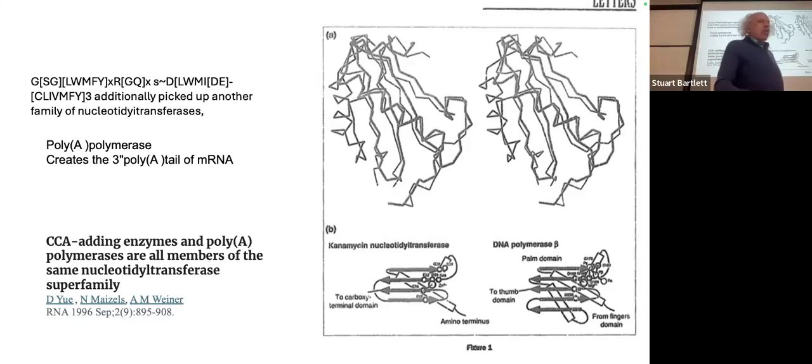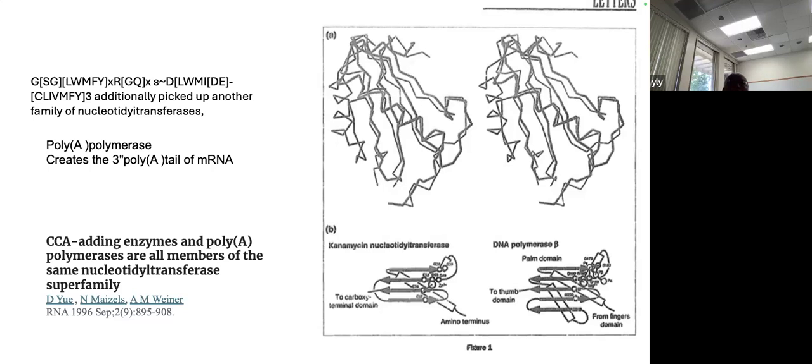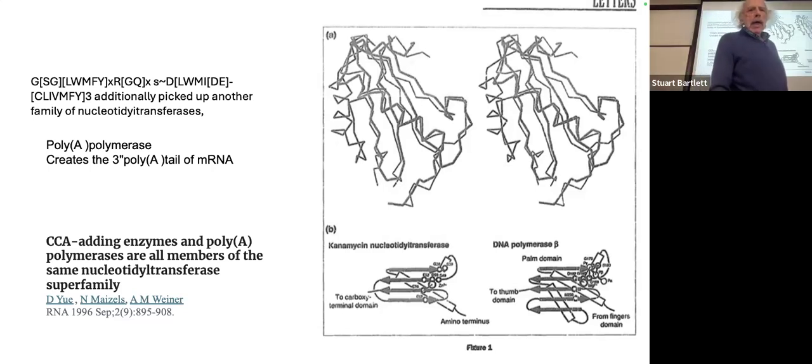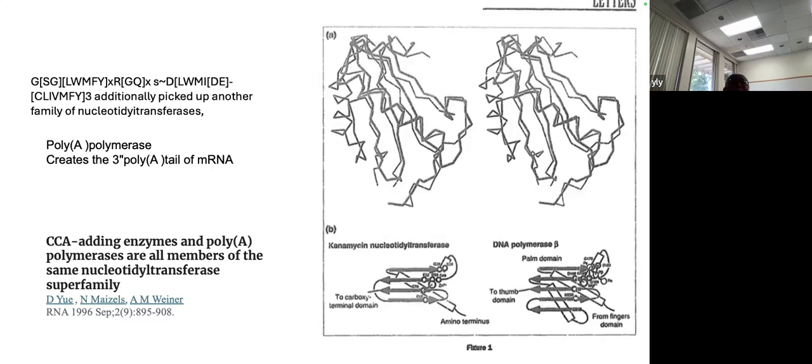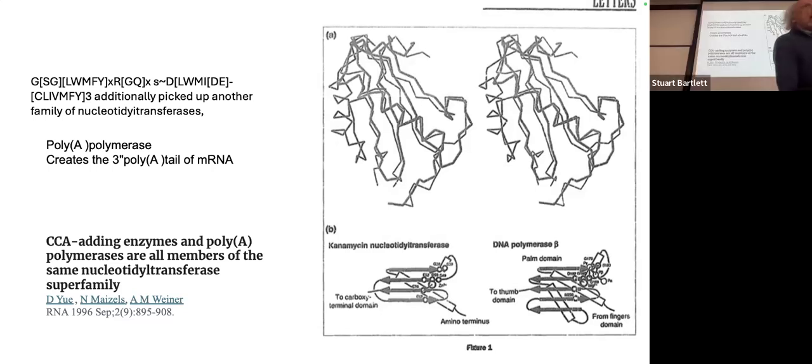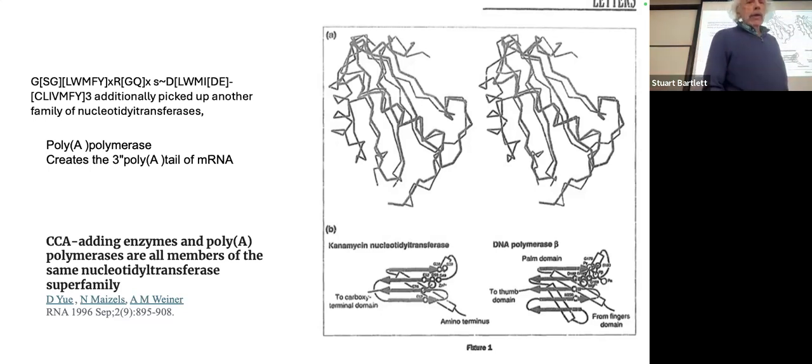And the most interesting one they found was poly-A polymerase. Now, poly-A polymerase is an enzyme that is operating today by putting poly-A on messenger RNA and determines how stable that messenger is. It's an enzyme that still exists. The people at Yale immediately showed that this is related to the CCA enzyme.